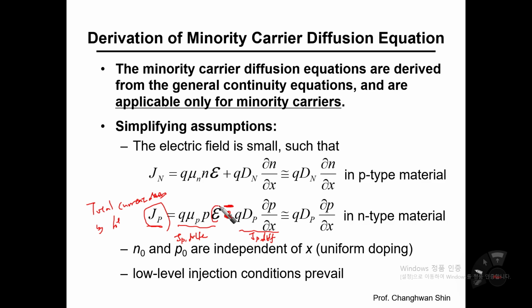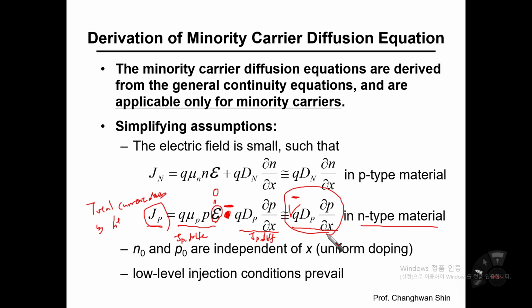But now the electric field E in the quasi-neutral region, area number 3 in the p-n junction diode, is almost zero. Then Jp in the n-type silicon material can be denoted as minus Q times Dp times the partial derivative of p with respect to x. Again, the minus symbol was missed.